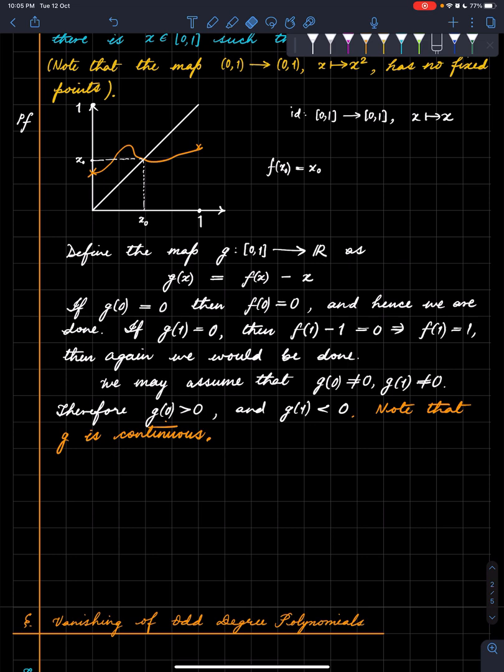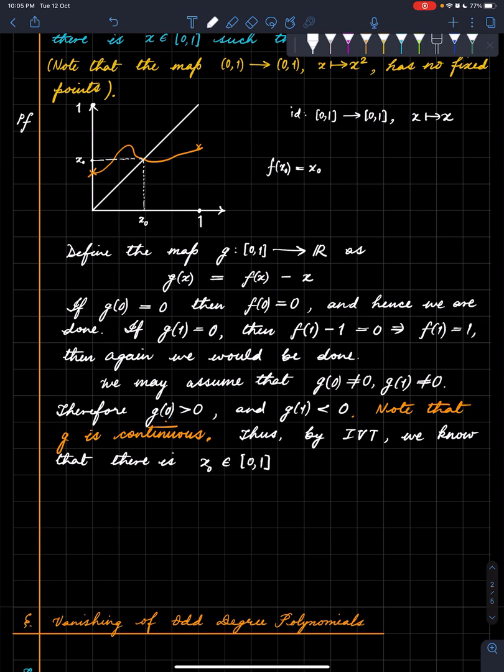And therefore, by the intermediate value theorem, we know that there is some point x0 in the domain of g.